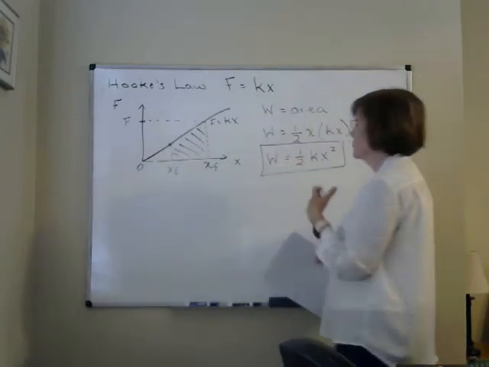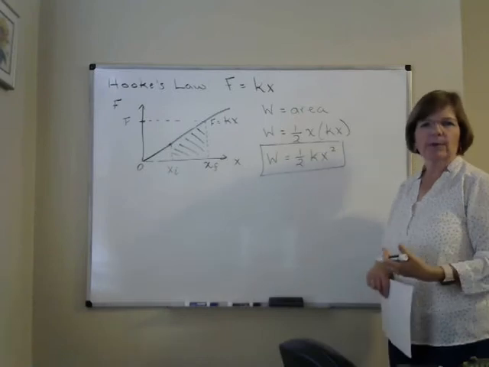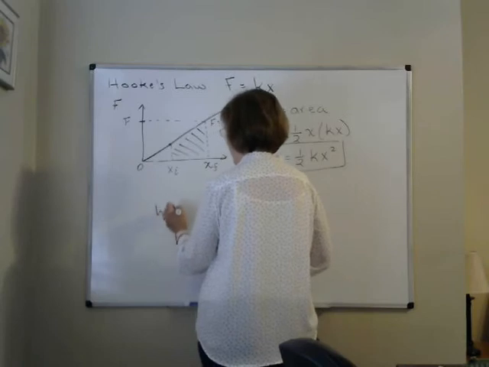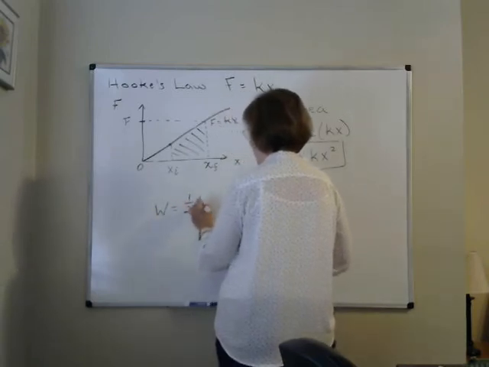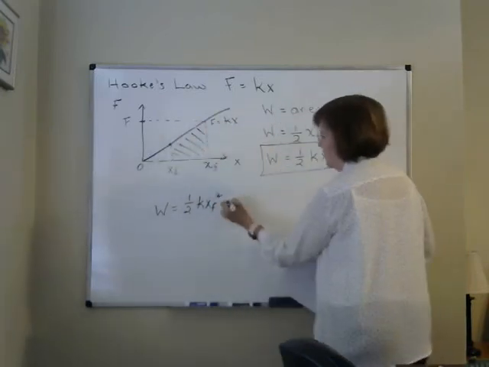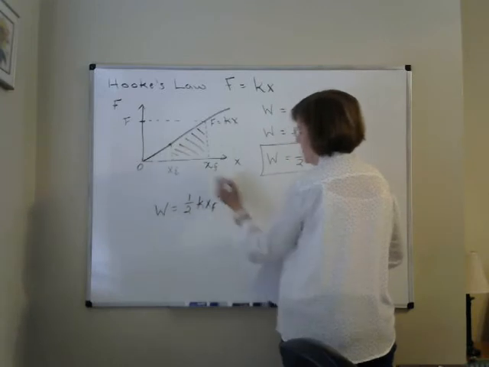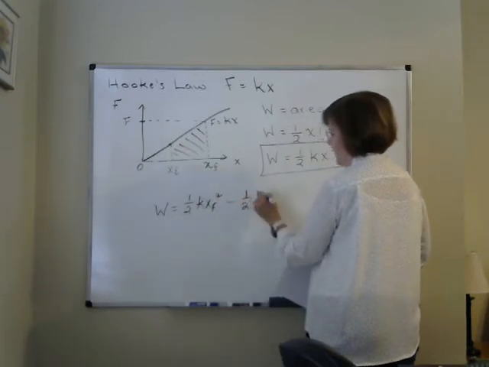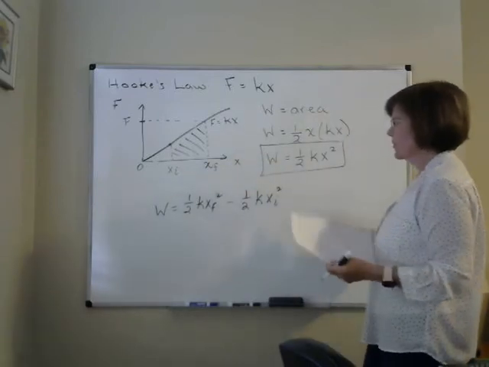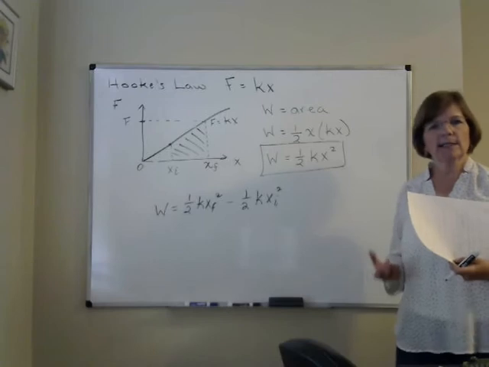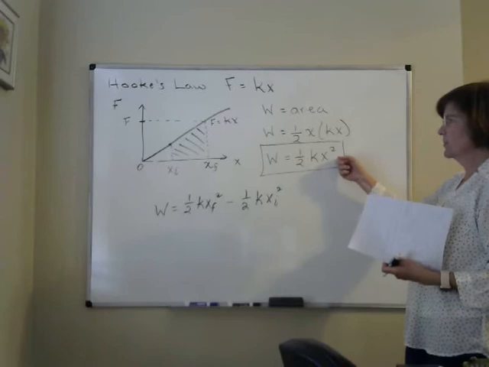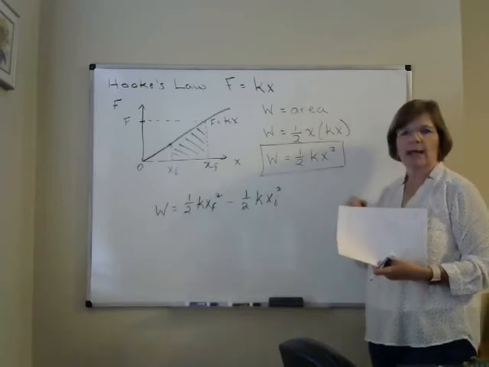So if we don't start at 0, the equilibrium position of the spring, then our work would equal 1/2 KX final squared, which is what we got for the whole thing, minus this small triangle, 1/2 KX initial squared. So it's possible that you don't always start with your initial position at X equals 0, so you may want to keep this in mind. If you start with an initial position of 0, you can just say the work is equal to 1/2 KX squared.